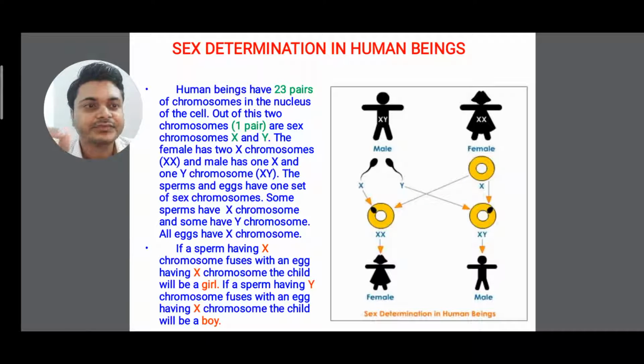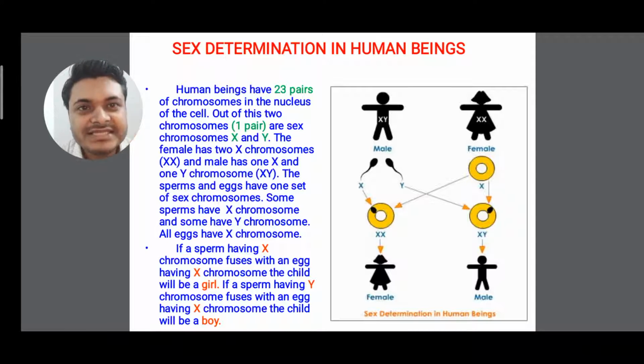Alright. So when gametes are produced, isn't it? A human being is a diploid organism, but when gametes are produced, it will be haploid. From the male, the 23rd pair has X and Y, so X will separate and Y will separate, and from the female the 23rd pair has X and X, so both will separate.